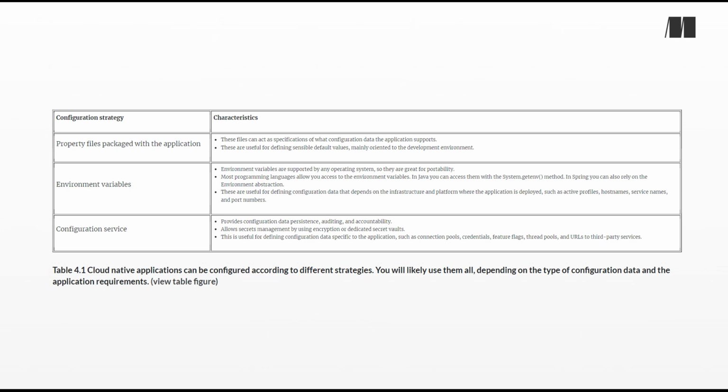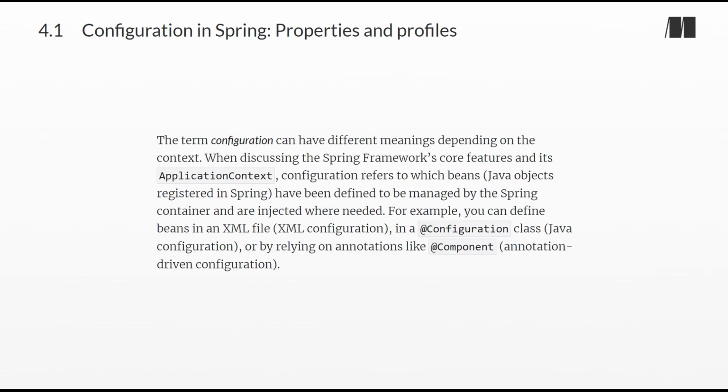Section 4.1, Configuration in Spring, Properties and Profiles. The term configuration can have different meanings depending on the context. When discussing the Spring Framework's core features and its application context, configuration refers to which beans, Java objects registered in Spring, have been defined to be managed by the Spring container and are injected where needed.